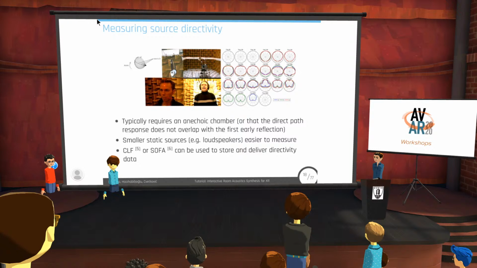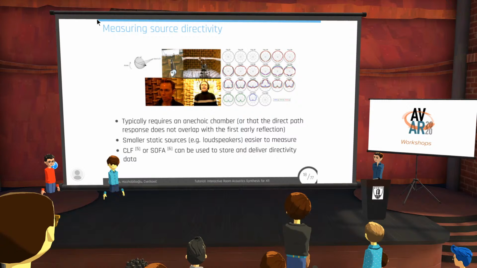The figure is from an excellent paper by Katz, Prezat, and d'Alessandro from 2006. You can see that the human voice becomes substantially more directional for increasing frequency. That is something that should be included within any room simulation which goes into an XR system. And on the left panel, you can see how this measurement is carried out in an anechoic chamber.